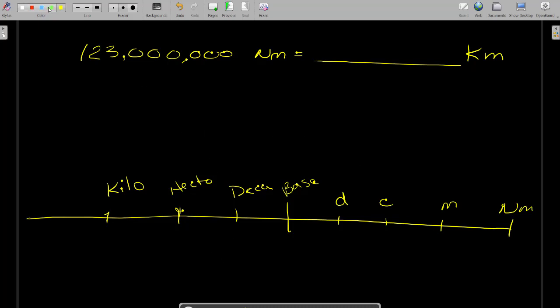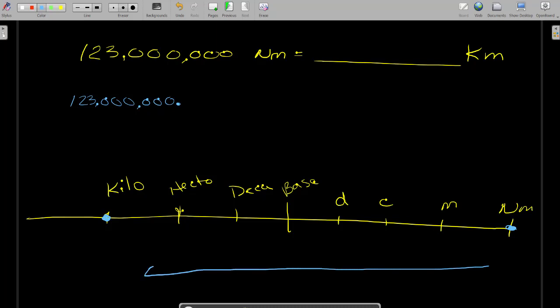So when I write this number, I have 123 million, and my decimal place is right here. So where am I starting? Step 1, where are you starting? I'm starting here. Step 2, where am I going to? I'm going to kilometers, so I'm going to here. Step 3, what direction? To the left.